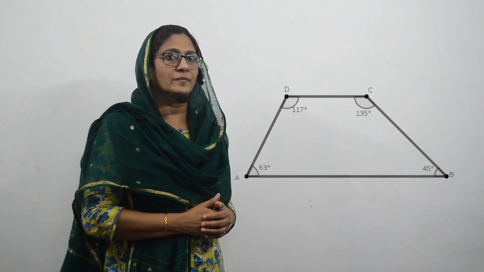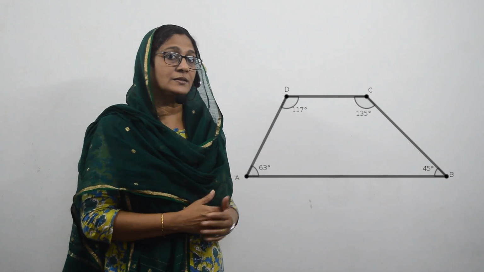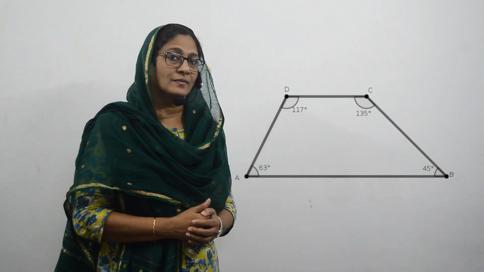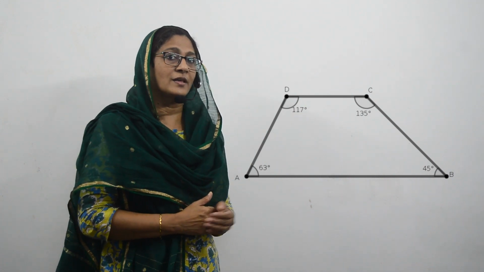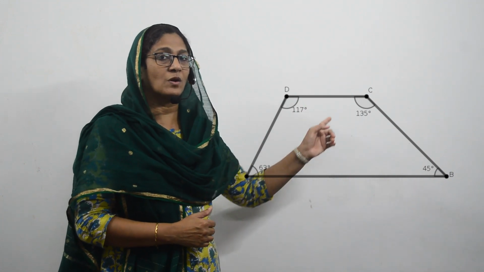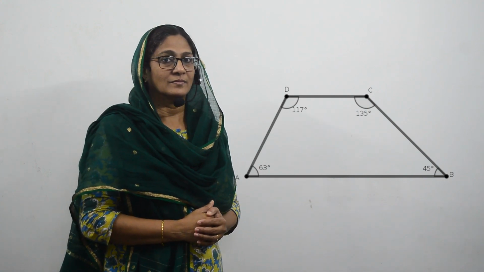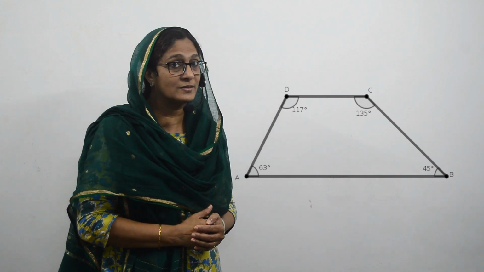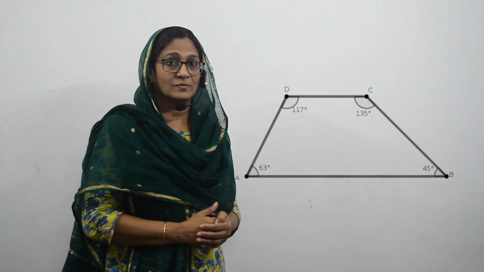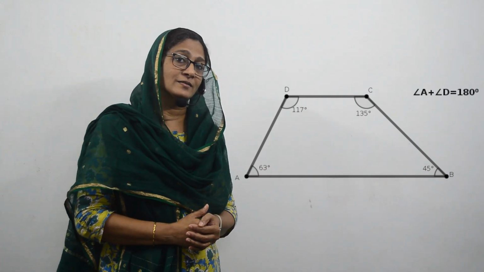So we can see that angle A plus angle D is equal to 180 degrees because they are interior opposite angles. Between two parallel lines, a pair of interior angles are supplementary. So angle A plus angle D is 180 degrees.